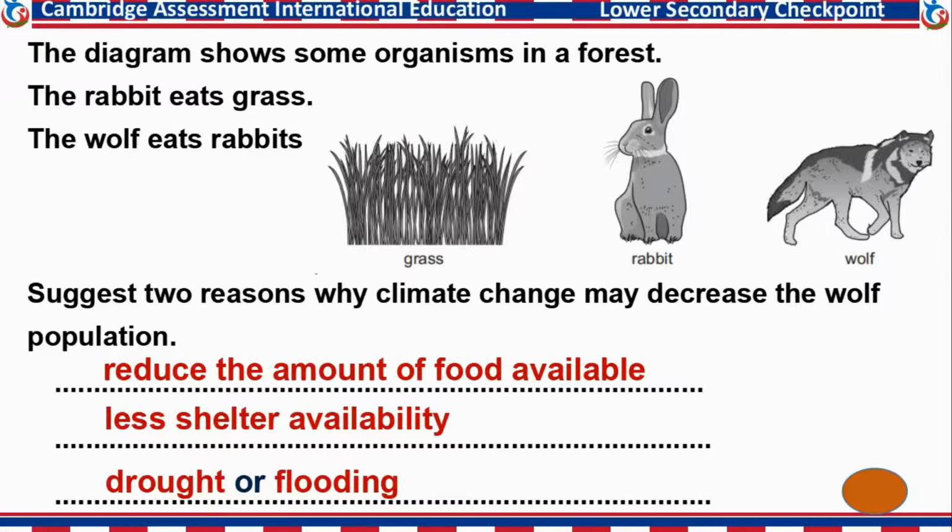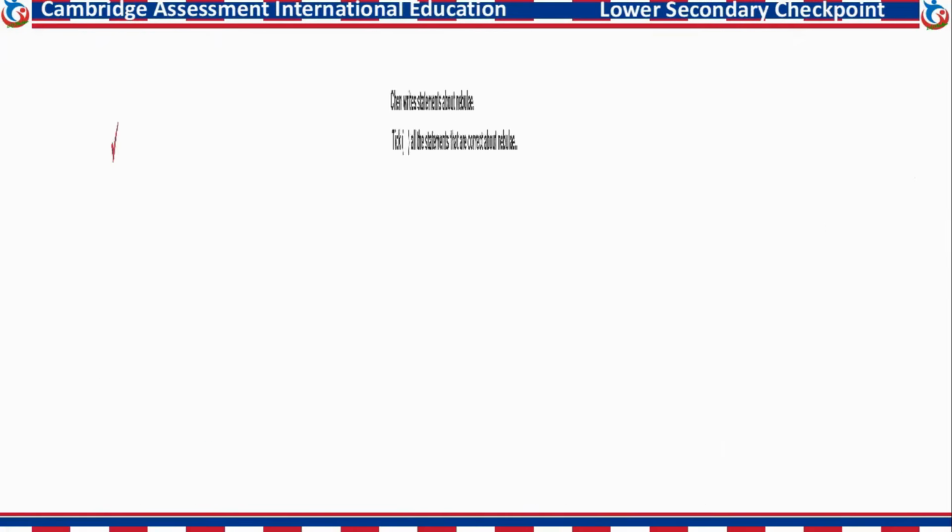There can be flooding, and when there is flooding, there will be no food. Because of that, it can lead to the death of the wolves, and this can decrease the wolf population. So with that, this is good.